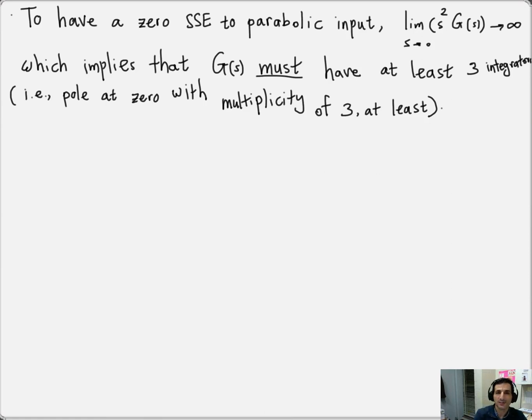So to have a 0 steady state error to a parabolic input, G of S must have at least 3 integrators, meaning the pole at s equal to 0 is repeated at least 3 times.